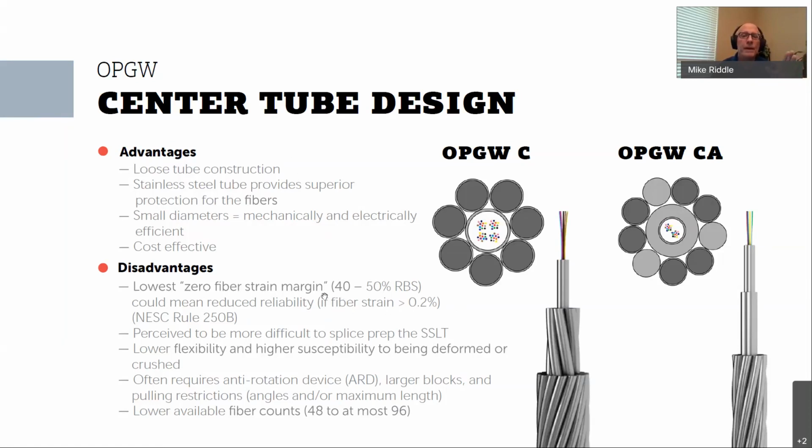So if the tension goes above 50% rated breaking strength, the fibers will have tension on them. That's expressed in percent of strain. Now, why might that happen? Well, because NESC Rule 250B allows the tension under fully loaded conditions to go up to 60% rated breaking strength.